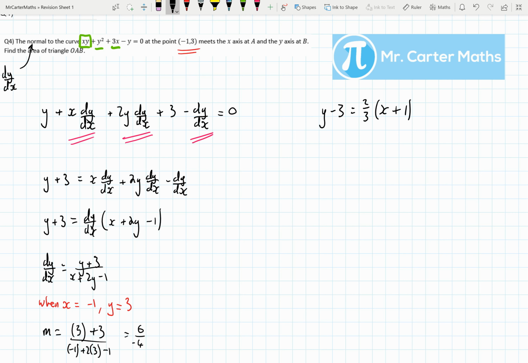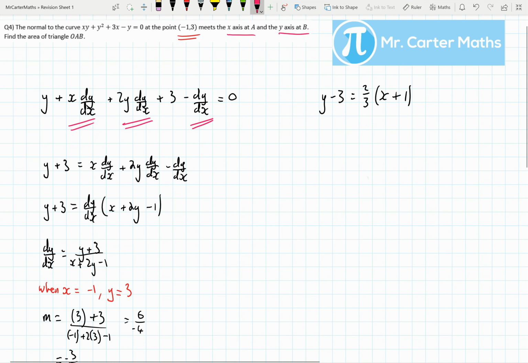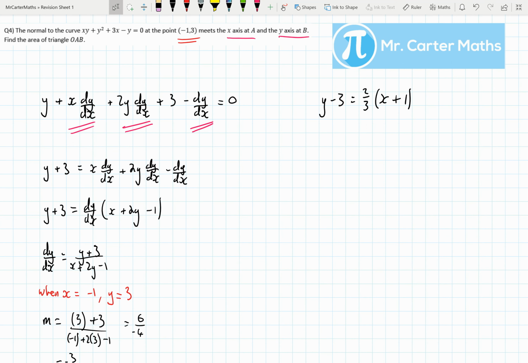So I now need to think about the actual wider question. The normal meets the x-axis at the point A, the y-axis at the point B. And I want to find the area of the triangle OAB, where O is the origin. So I obviously want to find the coordinates of A and B. A is on the x-axis, so y equals 0.